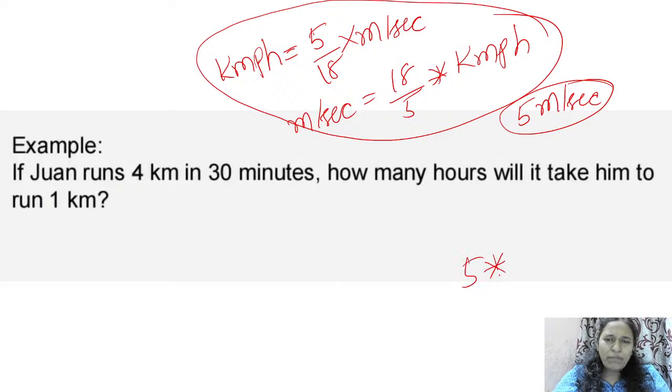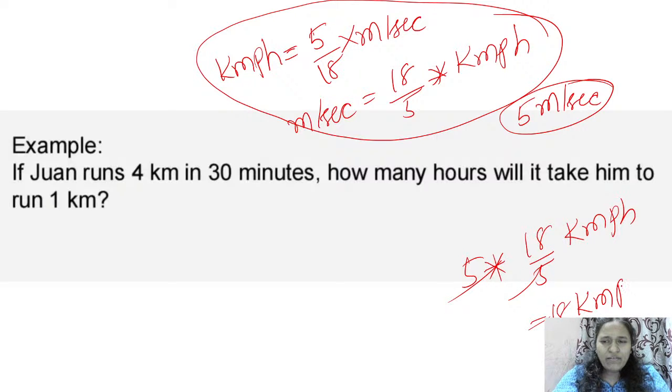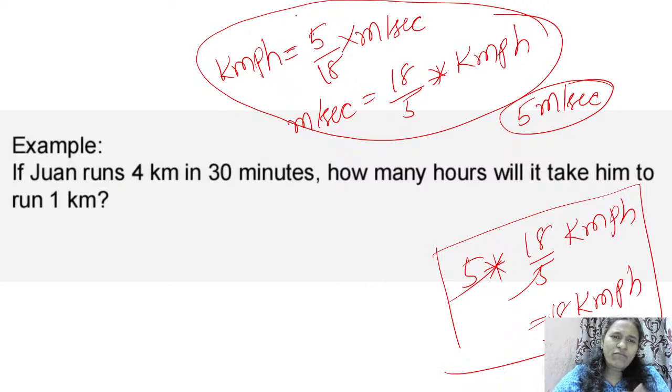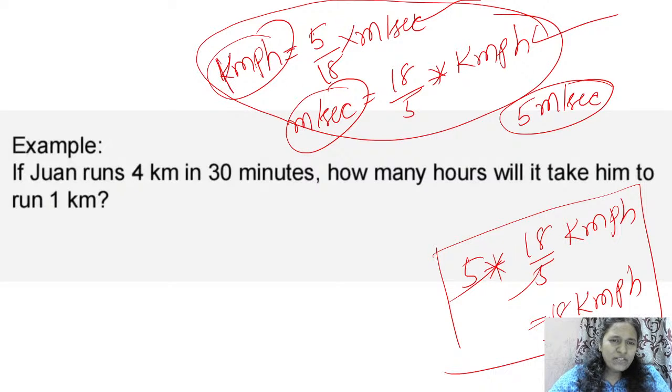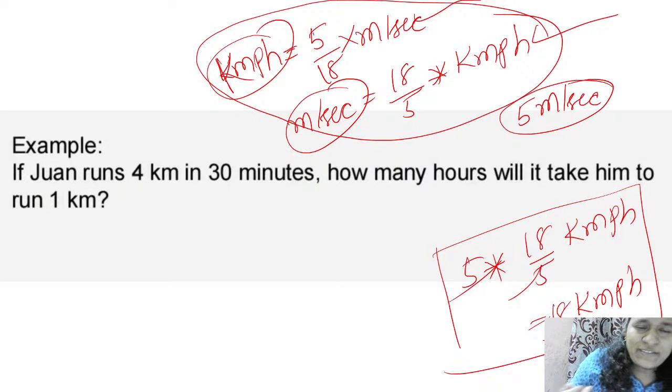We just have to multiply by 18 by 5: 5 into 18 by 5, the 5 will be cancelled, so 18 kilometers per hour. We have to remember this to convert kilometers per hour into meters per second and meters per second into kilometers per hour. In some questions there is a need of changing the units, right?